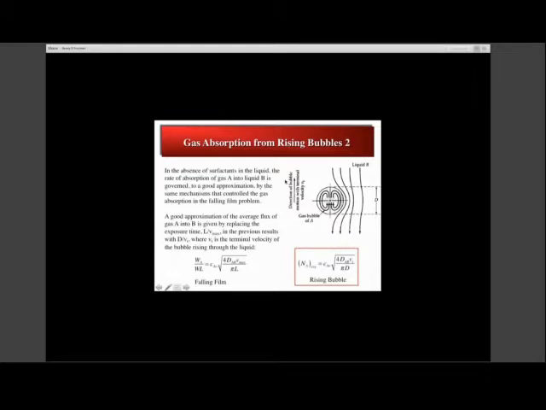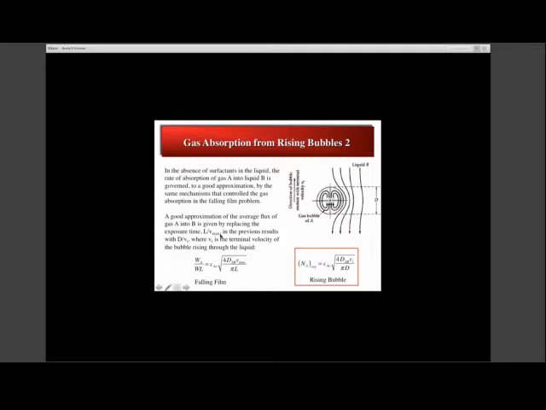And so the rate of absorption of A into this liquid is actually determined by the same mechanisms that govern the gas absorption in a falling film. And you can think now the distance over which the gas and liquid are in contact is not the length of the plate, but it's approximately the diameter of this gas bubble.